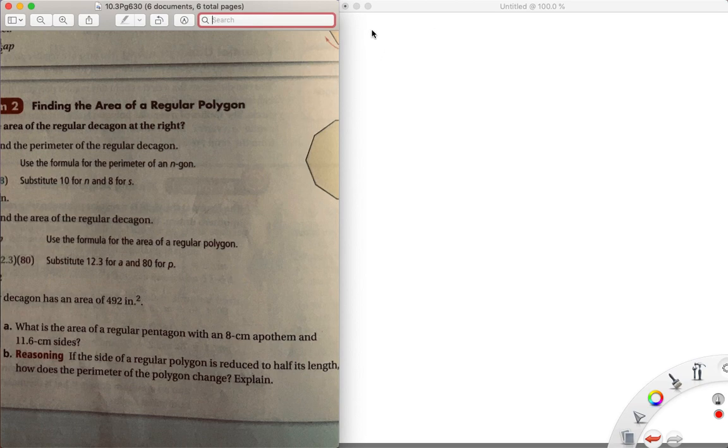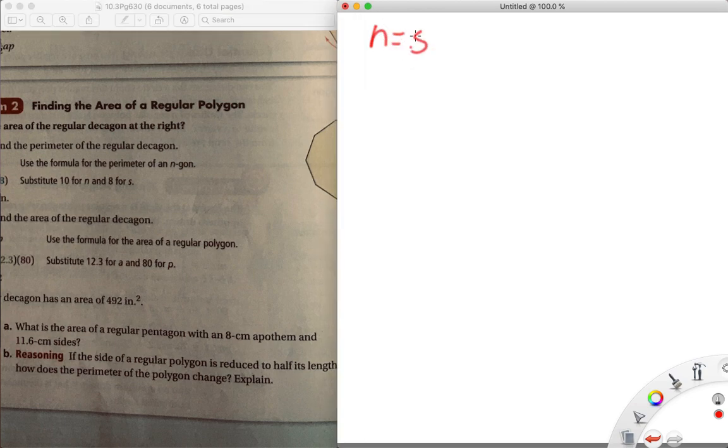Since it's a pentagon, I know that the number of sides is 5. We have our triangle, which is one of the triangles of the pentagon. We have an apothem. Remember, it's going to form a 90-degree angle. Our apothem is 8 centimeters, and our side is 11.6 centimeters.